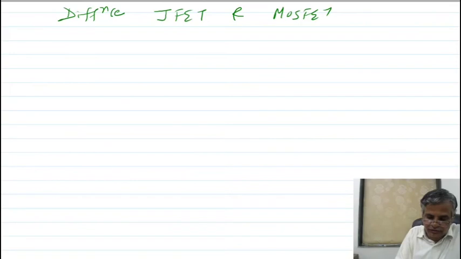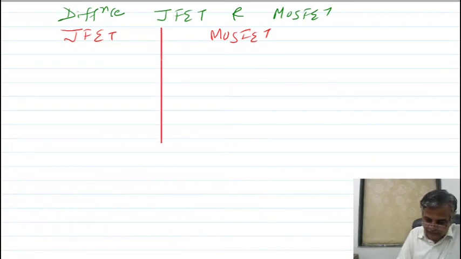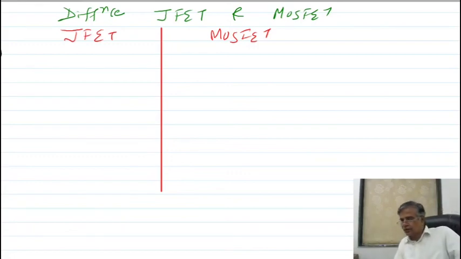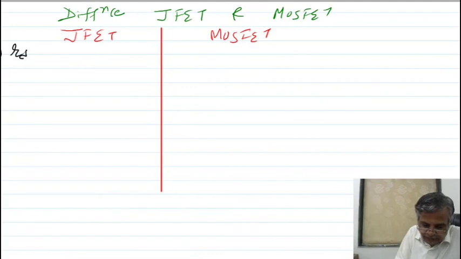Here I am writing JFET and here I am writing MOSFET. We'll make three to four points. First point: drain resistance is very high in JFET, of the order of 1 mega ohm.